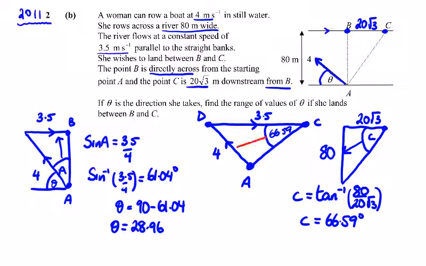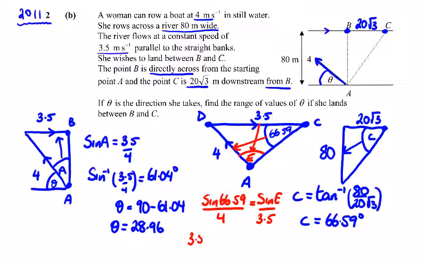This is to get this angle here using the sine rule. So we call this angle in here the angle E. Doesn't really matter. So the sine of 66.59 over 4 is equal to the sine of E over 3.5.